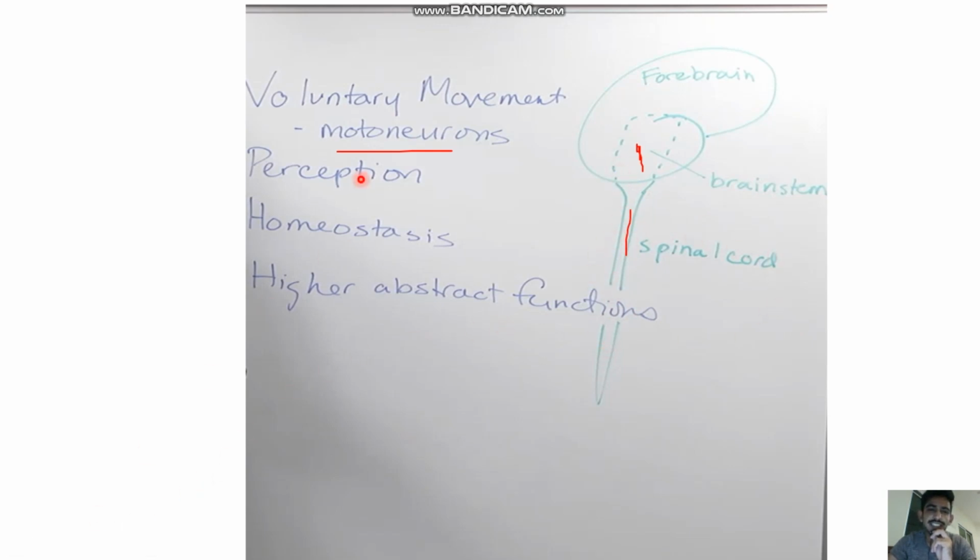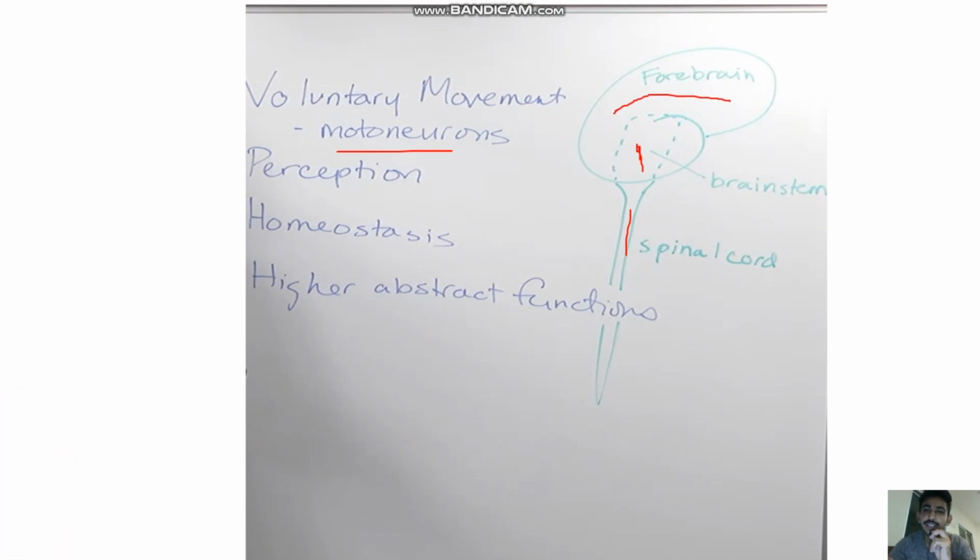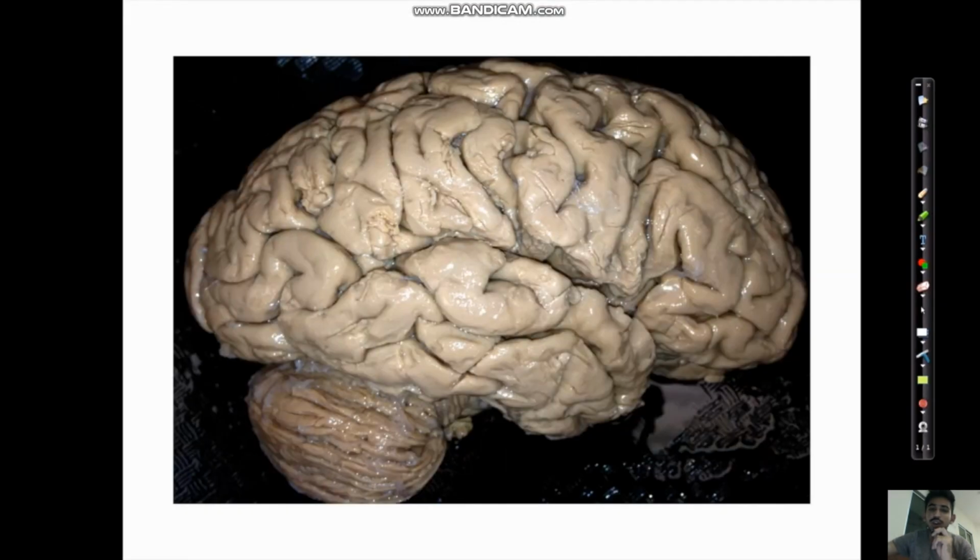Now let's talk about perception. You know what perception is? Perception is the appreciation of sensory information. And you must know that perception is totally dependent on the forebrain. There is a special part of the forebrain called the cerebral cortex that is responsible for perception of sensory input.